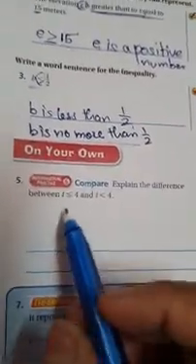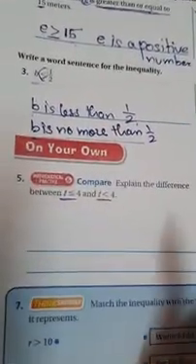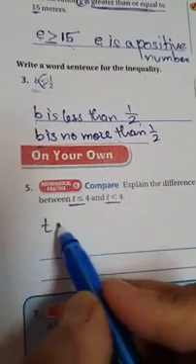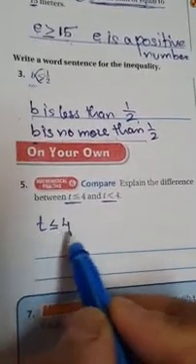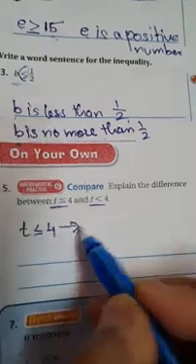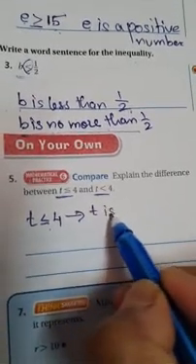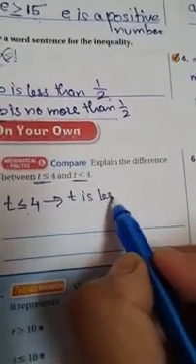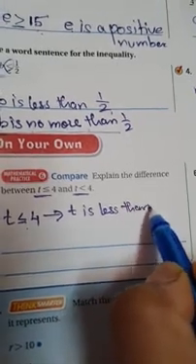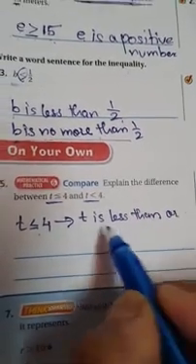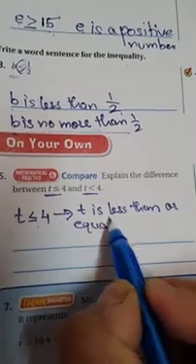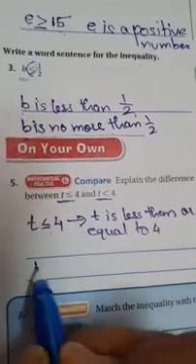Okay, question number 5. Explain the difference between these two. Okay, how are you going to write the difference? This means t is less than or equal to 4. Now what does this mean?